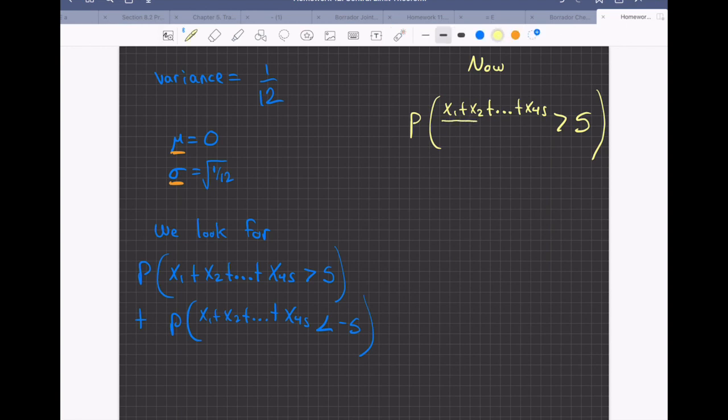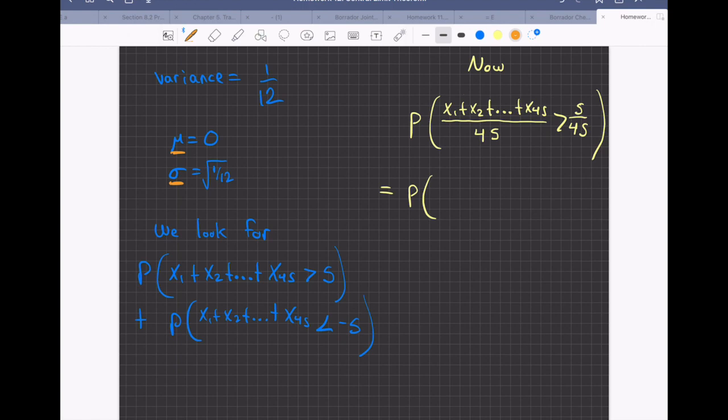So divide by 45 this side, and divide by 45 the other side: 5/45. And there you have it.